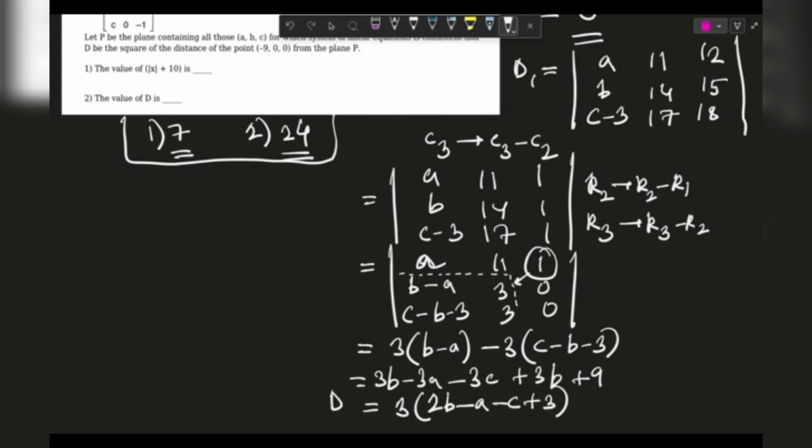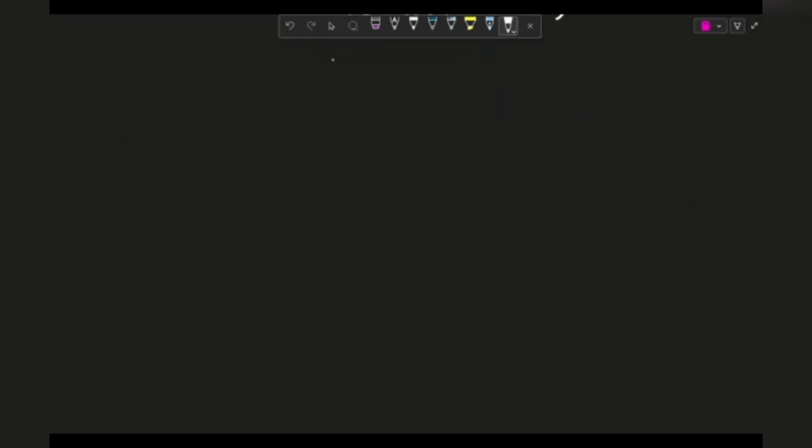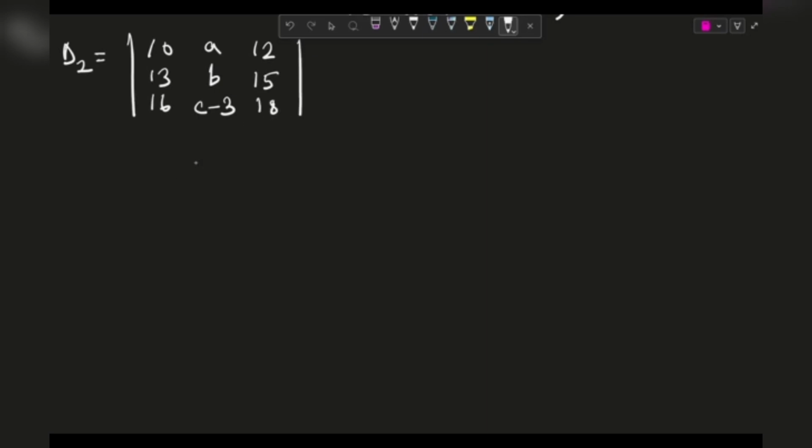This is your D1. Now let's find out D2 and D3 also. Let's write down D2 first. This is basically 10, 13, 16. We will have A, B, C minus 3 in the middle column this time, and 12, 15, 18. Let's do a quick manipulation.